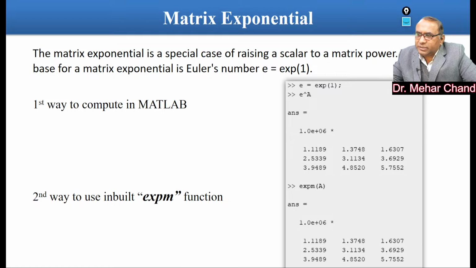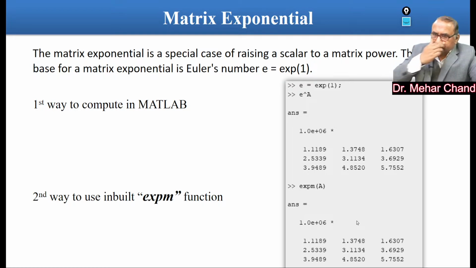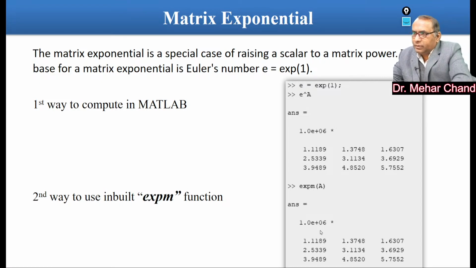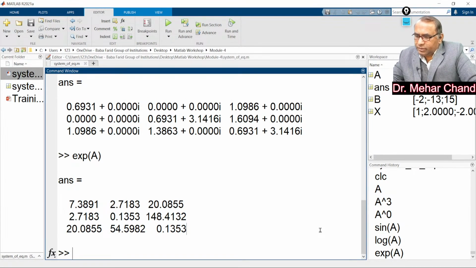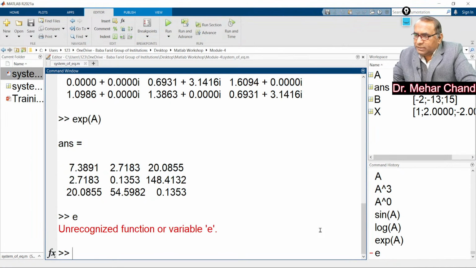Sometimes if we have E equal to exponential 1 and E raised to power A, we have these values. The second way is the inbuilt exp function.